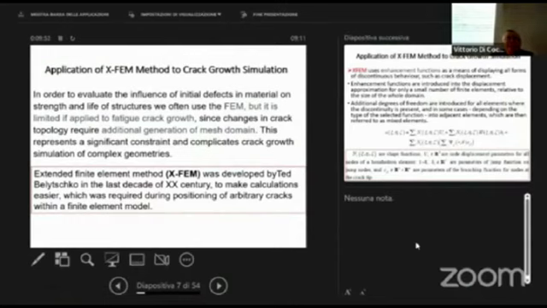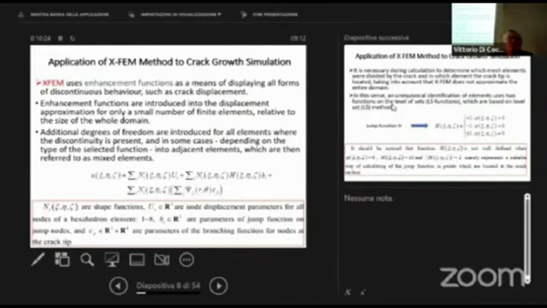I'm not saying that XFEM is nowadays the only way to analyze and estimate fatigue crack growth. In the meantime, there were some other options as well, quite good, but I'm still considering, at least for today, this one. So I will say a few words about its mathematical essence.